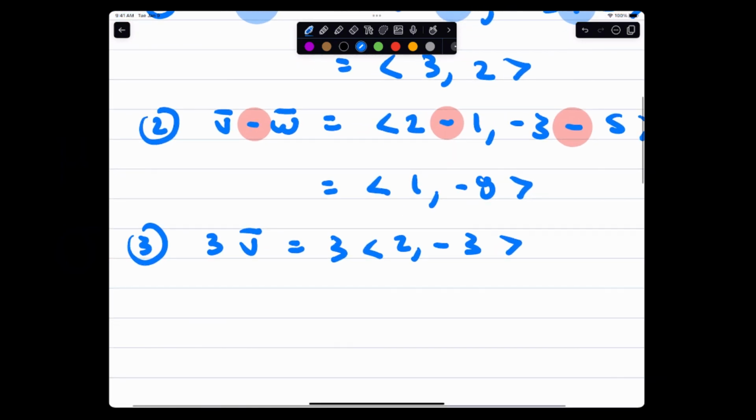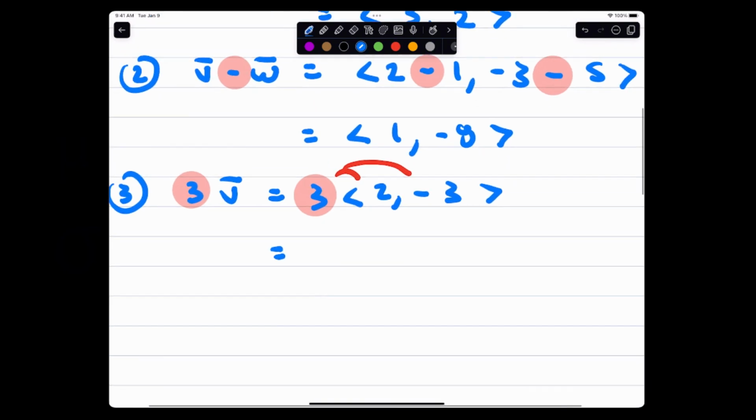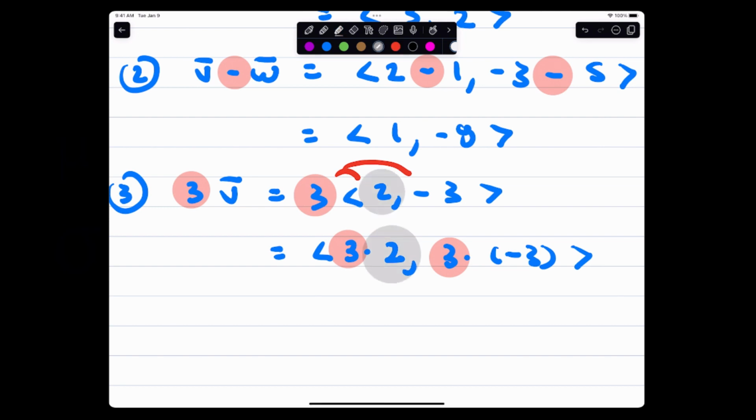This is scalar multiplication again. 3, 3. And what do we say we do with scalar multiplication? Just distribute. Is that true? So the scalar part will be 3 times the first component, and then 3 times the second component. Okay? So let's see the components so you guys can see my point here. Okay, you guys see this with colors? You guys see my point?